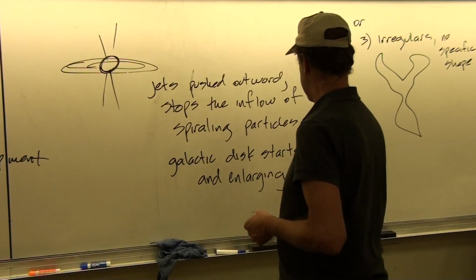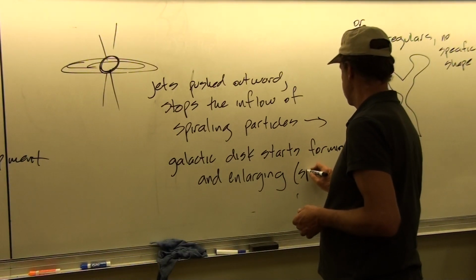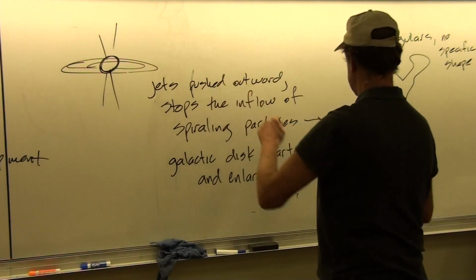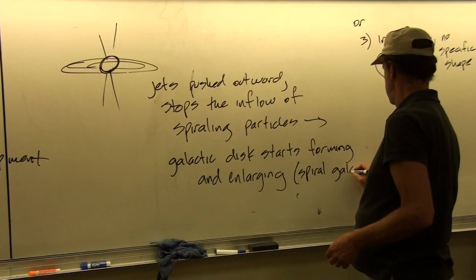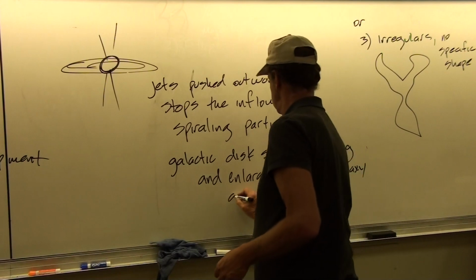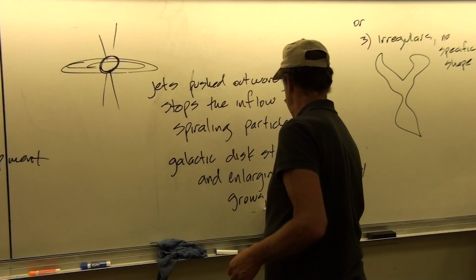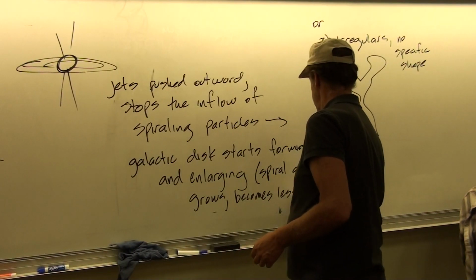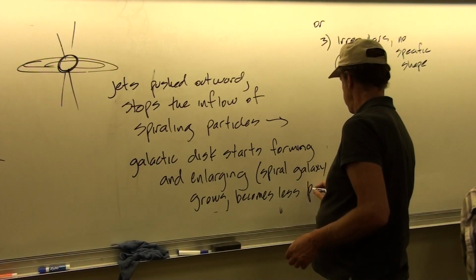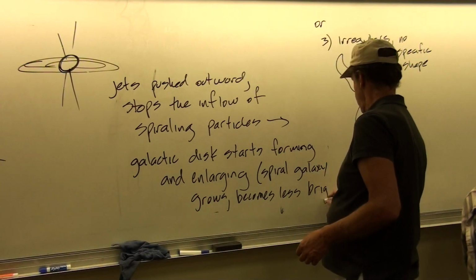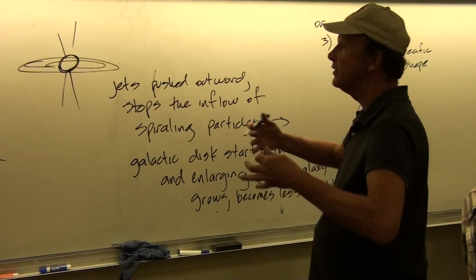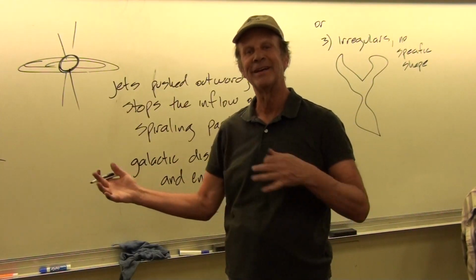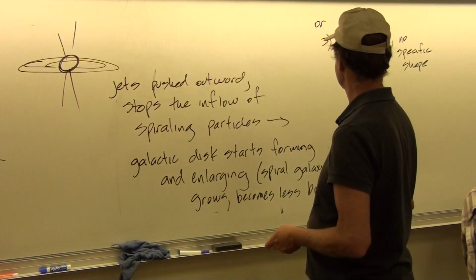And so the spiral galaxy grows in size, but it becomes less bright. And slowly it grows into the big spiral galaxies that we see, like Andromeda, and we think our Milky Way galaxy is.